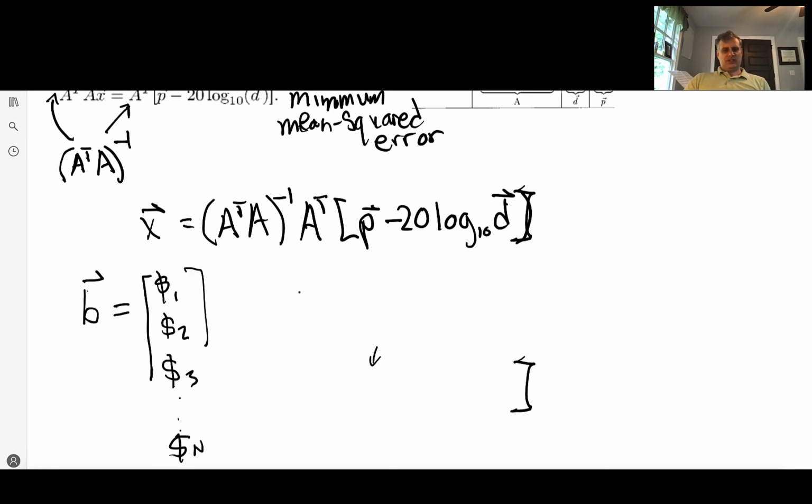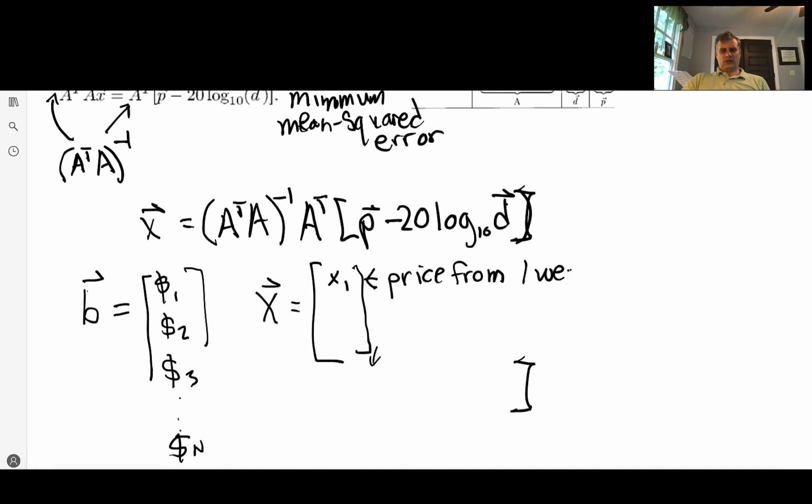And you suspected that price was correlated with maybe, we'll call this first element, the price from 1 week earlier.